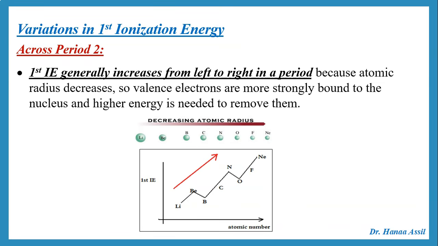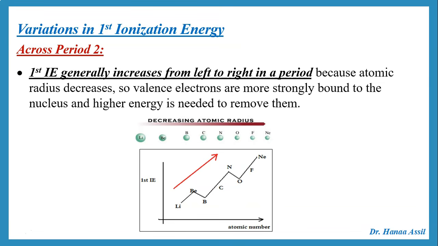The atomic radius decreases because the positive nucleus is attracting these same number of energy levels more strongly as we go to the right, and therefore the atomic radius decreases, and therefore the electron we're trying to remove is more strongly attracted to the nucleus, so it will need higher energy. So as we go from left to right in any period, the ionization energy in general increases.